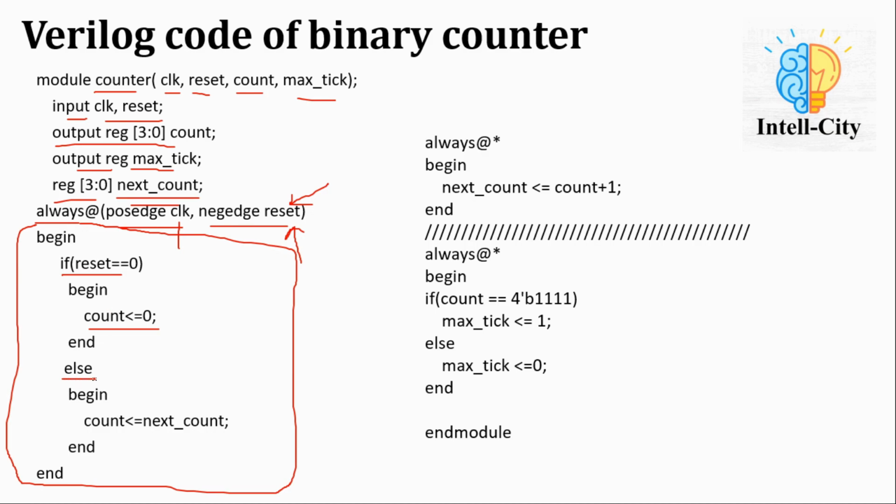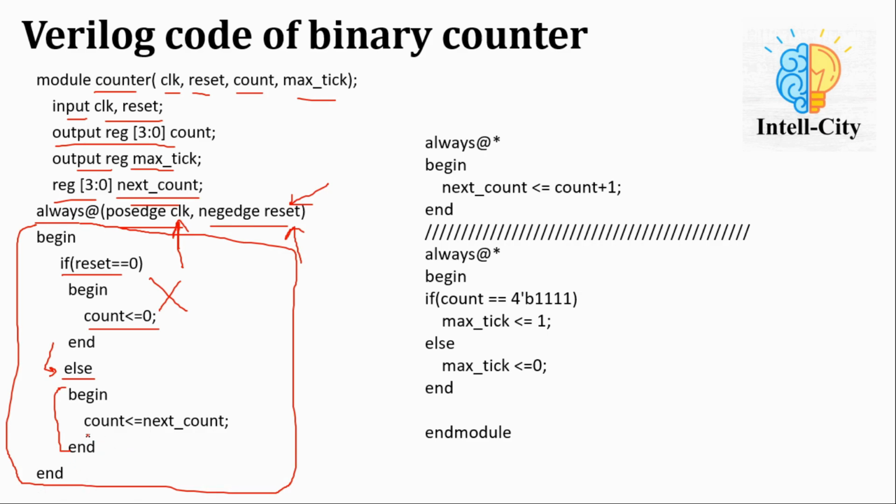Otherwise, in the else condition, if this condition is not true, the control will come to the else. If this condition is not true, that means surely that this block was executed because of the clock. Again, I repeat, if reset is not 0, then this execution of the always block has happened because of the clock signal.